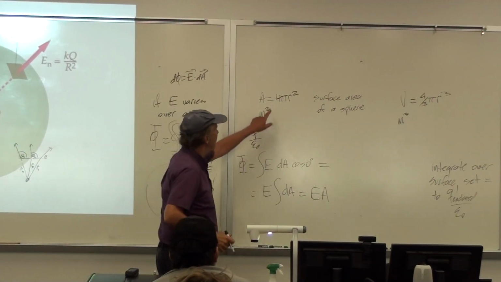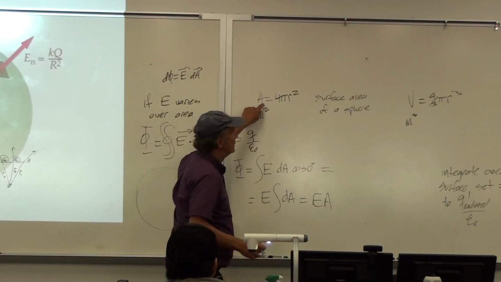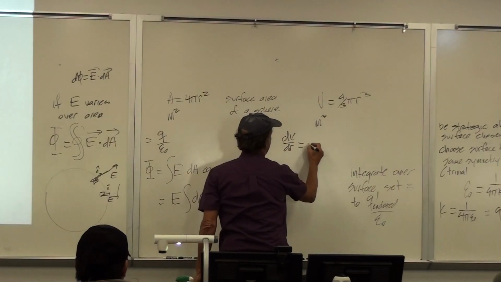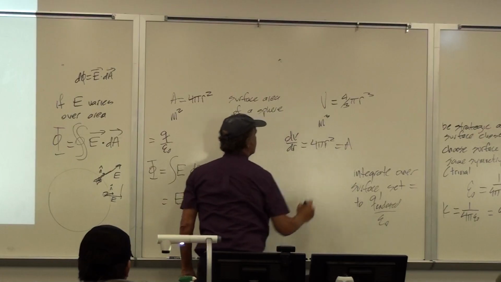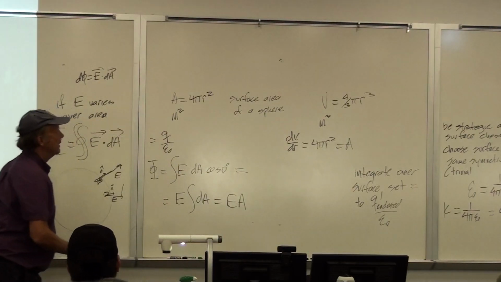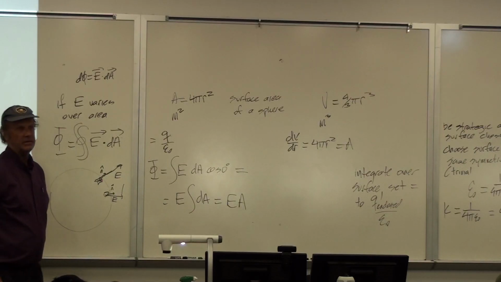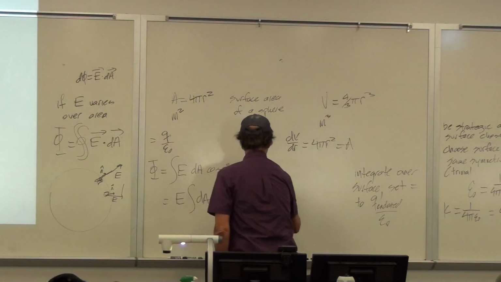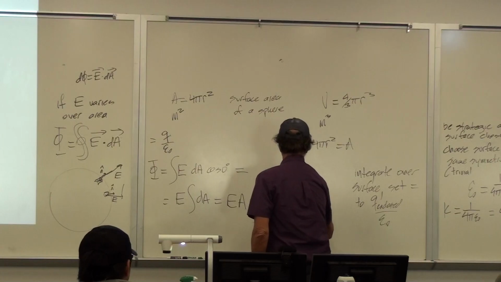That dV/dr is the same thing as A. The derivative of the volume with respect to the radius is the same thing as the surface area of the sphere. So you should know that. I'm not going to be giving you the surface area of the sphere on an exam. So this is going to be then E times 4 pi r squared.